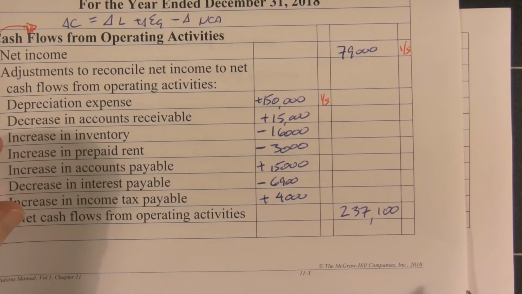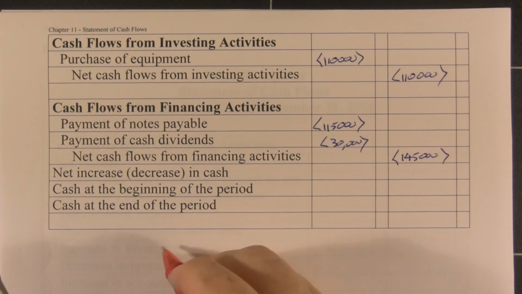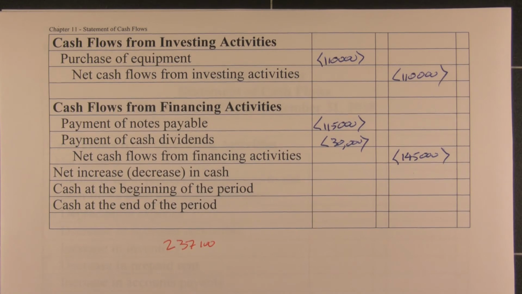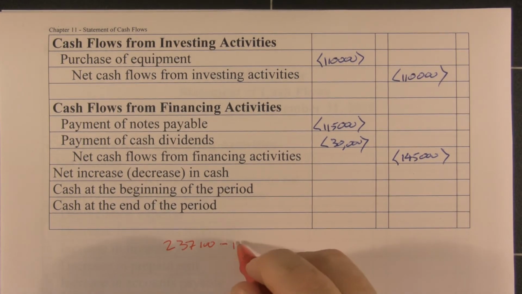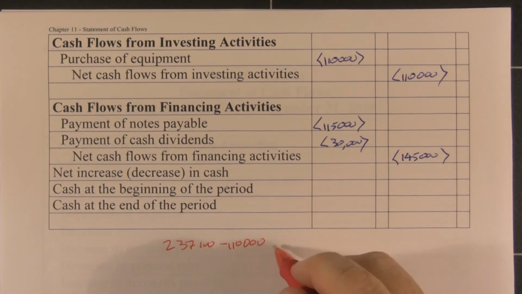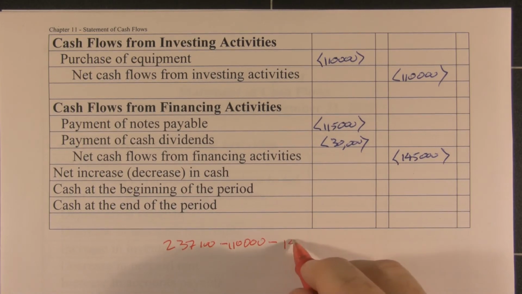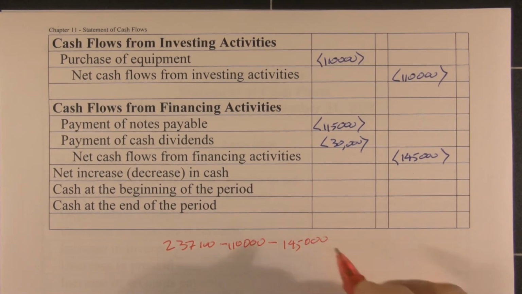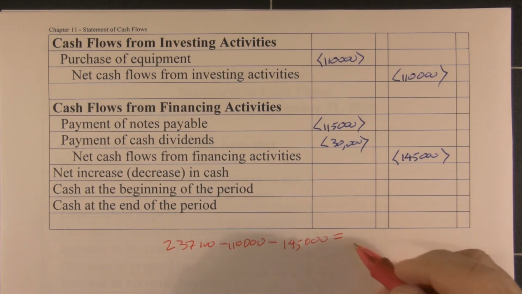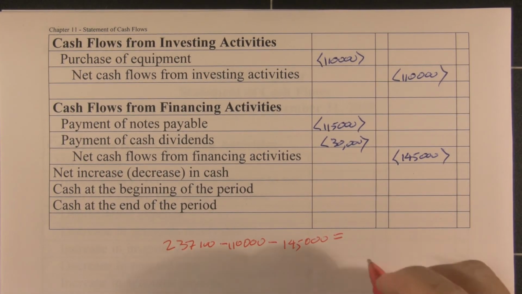Take our $237,100, $237,100 from operations, minus $110 from investing, minus $145 for financing, and when we put those all together, we're subtracting $155 from $237,100, and that's $17,900.